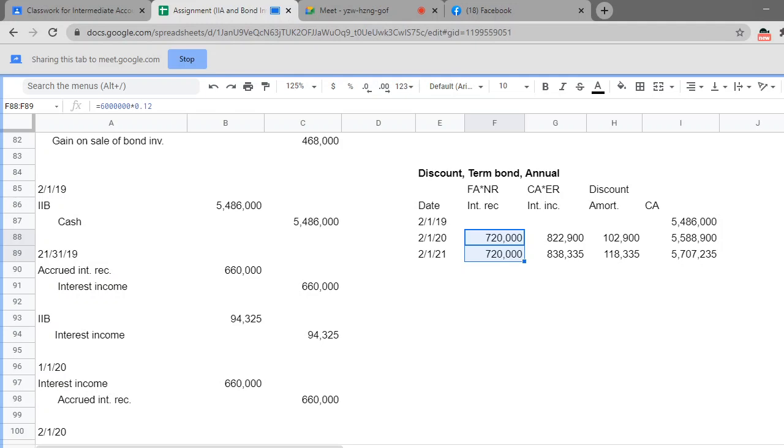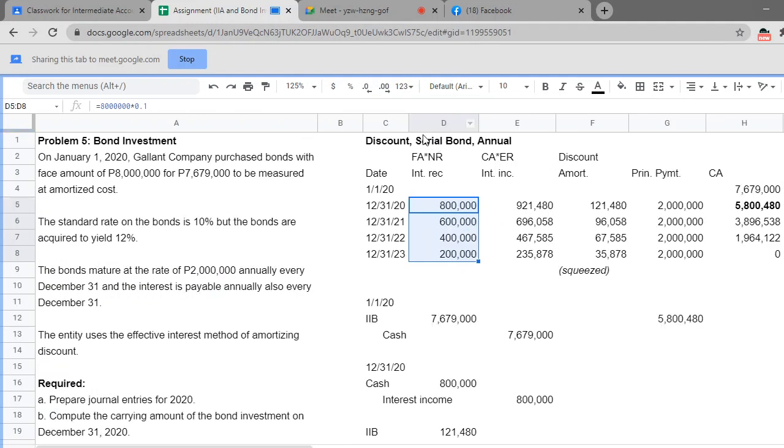Whereas, kung serial bond na siya, it changes. So, see? Dili siya constant 800. Naga-change siya. Next thing. Ang atong interest income column. Kung imuhang pansinon, ang interest income column that is always decreasing.